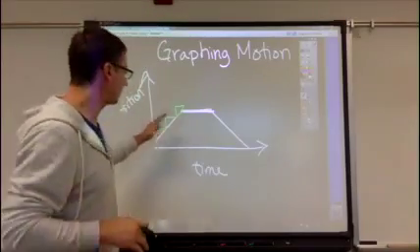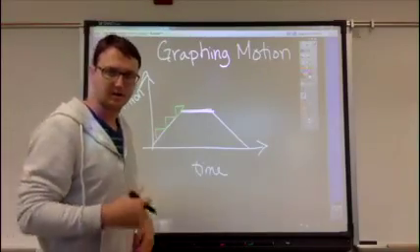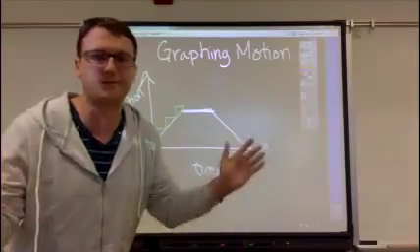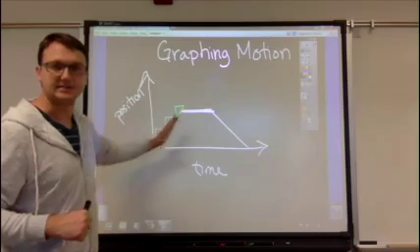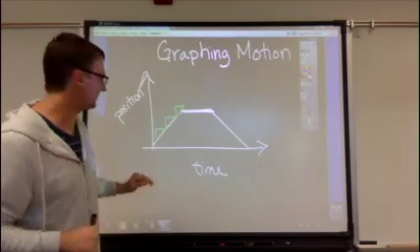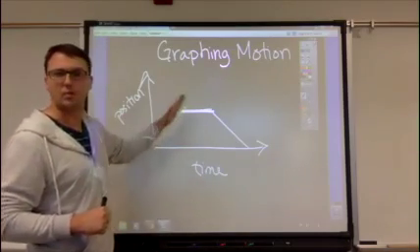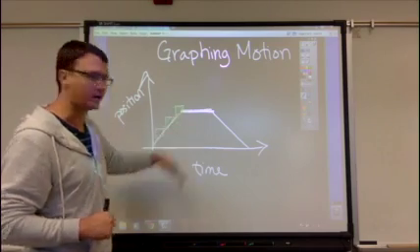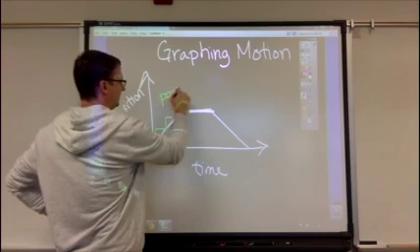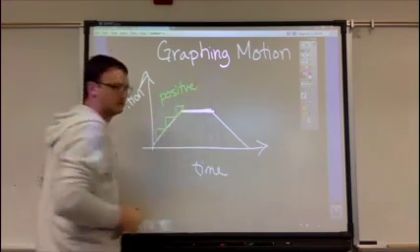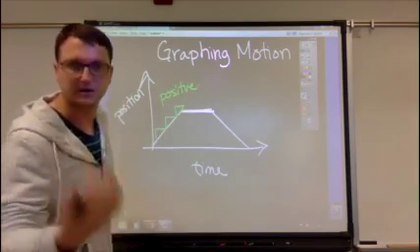This person was walking at a constant speed, whether it's 1 mile an hour or 15 miles an hour. I don't know how fast this person walks. It doesn't matter. It's a straight line. It's a constant speed. Now, because we are going away from our starting point, we would call this a positive constant speed or constant velocity.